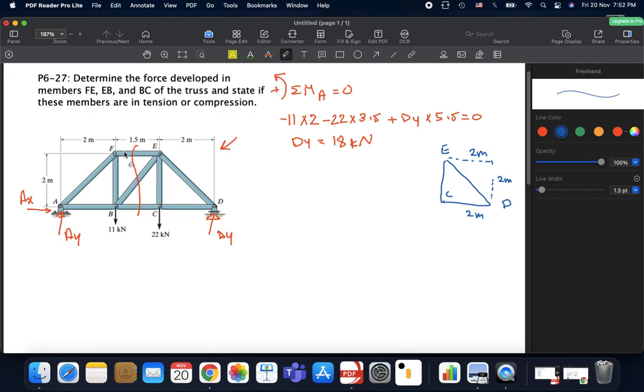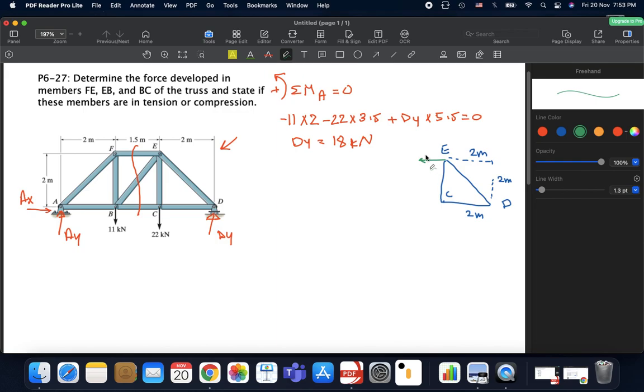Since we made our cut here, we start drawing the forces. Now, we have this force EF, and we always assume that the force is leaving the joint, which means that the member is under tension. So if it's leaving the joint, then it's leaving the member. Whenever it's leaving the member, that means it's tensile. Anyways, we assume it's tensile.